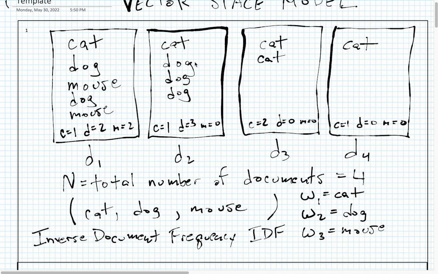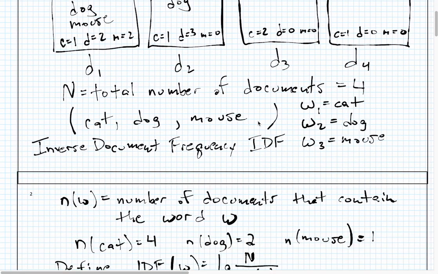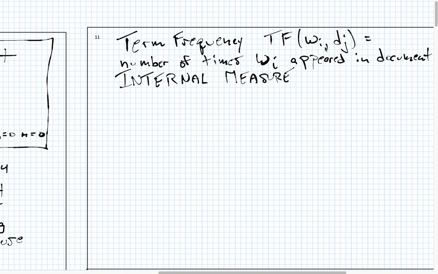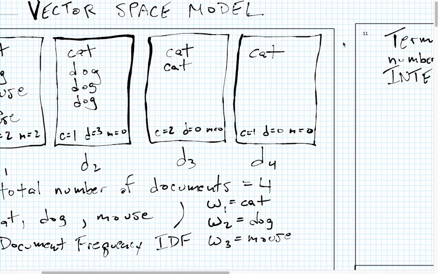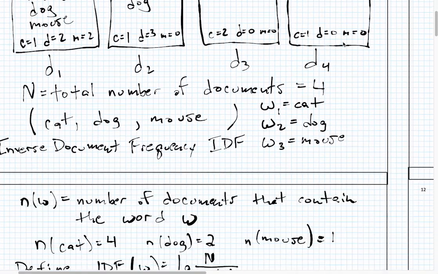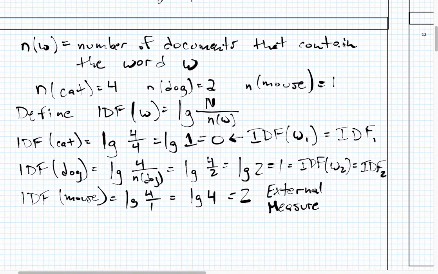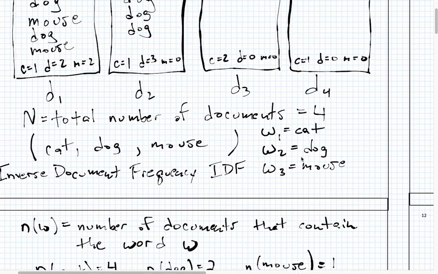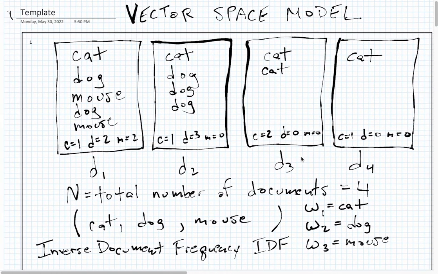In other words, the term frequency differs from one document to the other, which is why, when it comes to talking about the term frequency, we have to specify 2 things: the word and the document. But for the inverse document frequency, that's a global measure. We just had to specify the word. We don't need to know the document, we just need to know the word.